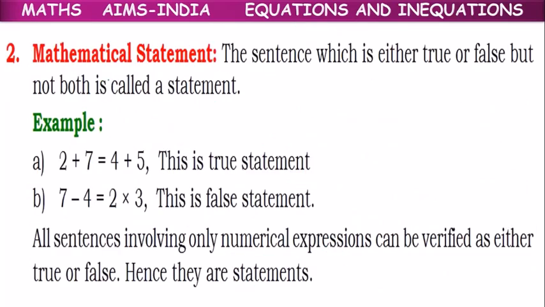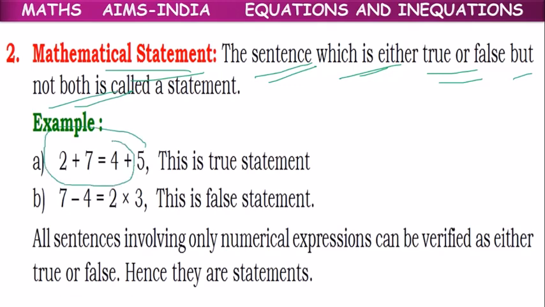So a mathematical statement means the sentence which is either true or false, but not both. After seeing the mathematical sentence, if we are able to tell whether it is true or false, any one, but not both, it cannot be true and false at the same time.